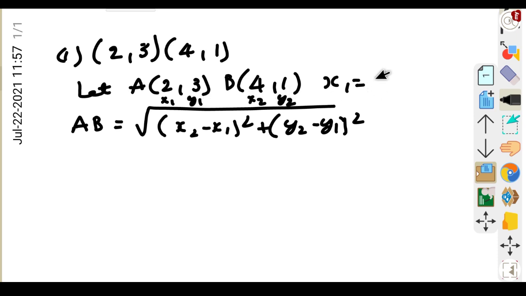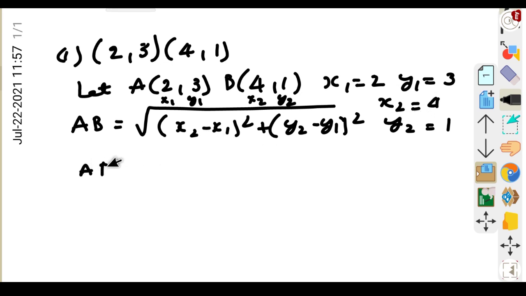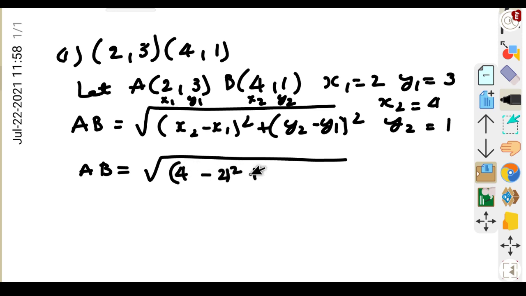So x1 value is 2, y1 value is 3, x2 value is 4, and y2 value is 1. Now you have the formula and the data, apply the data to the formula and simplify it, you will get the answer. So x2 is 4 minus x1 is 2 whole square plus y2 is 1 minus 3 whole square.